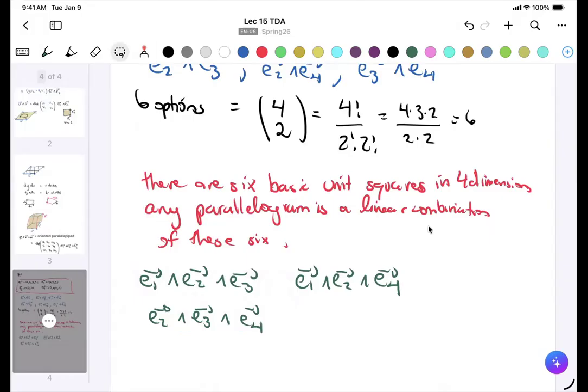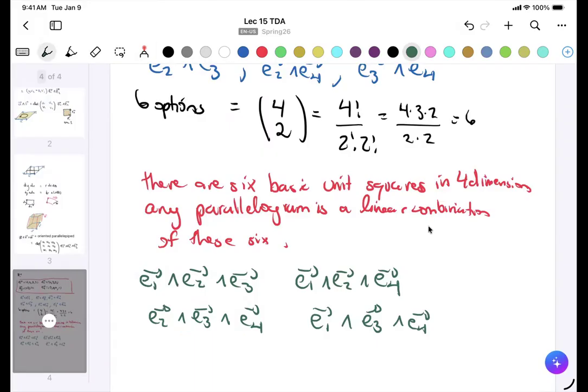Which one am I forgetting? E1 wedge E3 wedge E4. Oh yeah, thank you, because I wrote E2. Now I see it. If I give you 4 options and you have to take the wedge product of 3 of them, then you have to leave one behind.